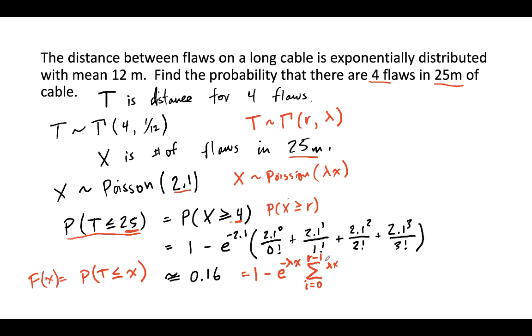Lambda x to the i over i factorial. Okay, there's your equation for the cumulative distribution function of the gamma distribution. Now, I should note this is only for when r is an integer.